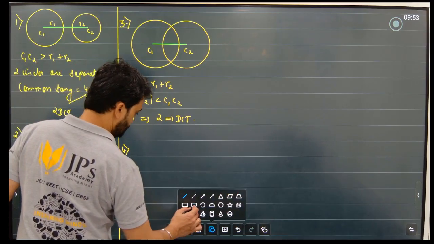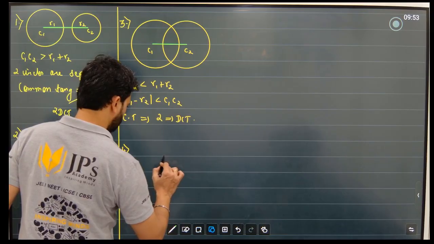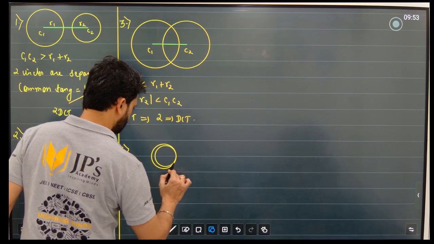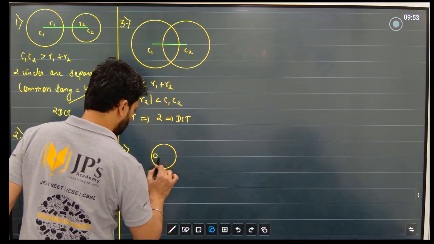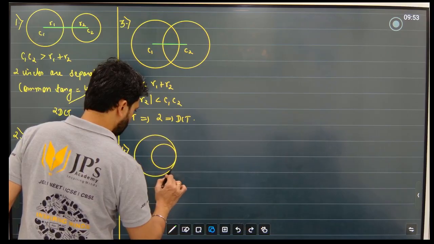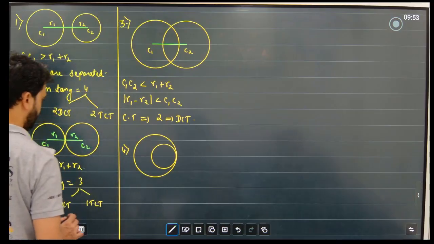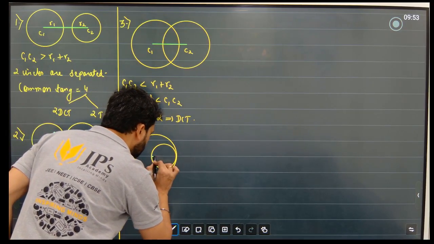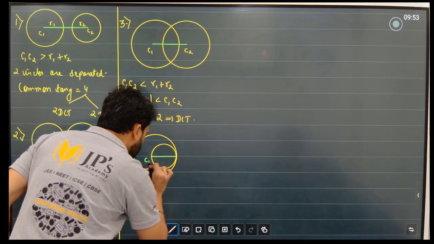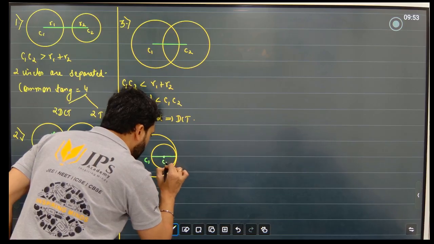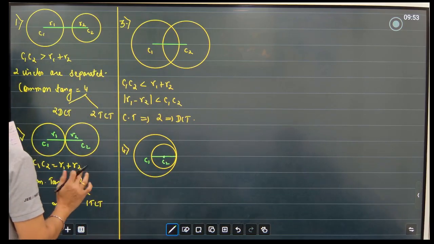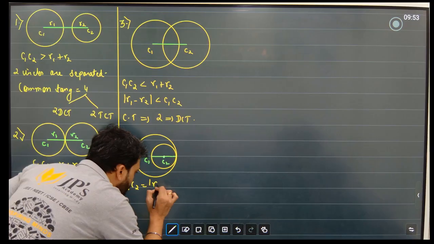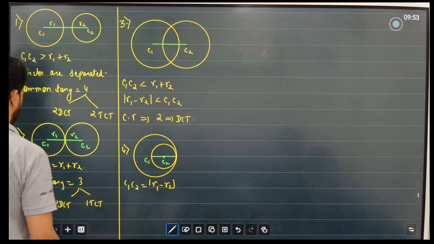If it's like this, okay. C1, C2. Now C1 C2 is equal to mod of R1 minus R2.